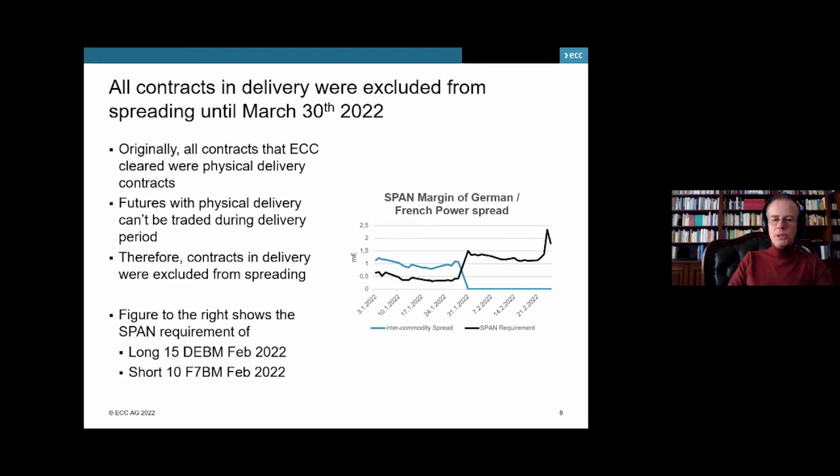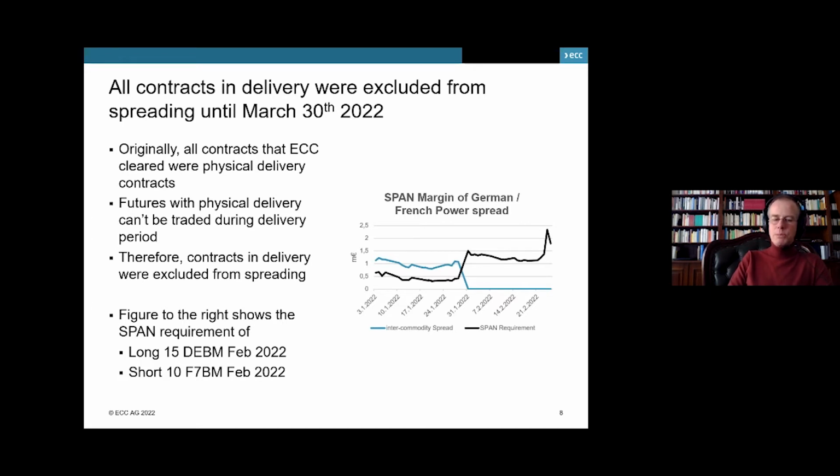So the sample portfolio, which is shown here with the old logic, just consists of 15 German baseload contracts here in February against 10 French baseload contracts also from February. So in January, you can see you had a pretty high intercommodity spread.